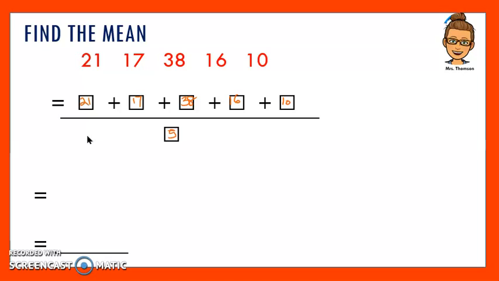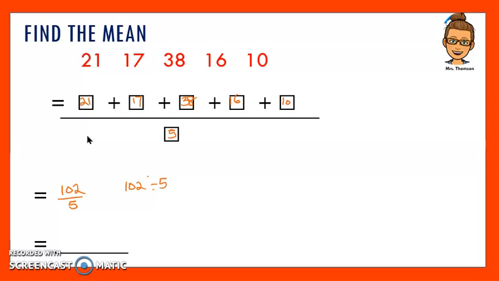All right, when we add them, 21 plus 17, 38, 16, and 10, we're going to get 102. And 102 divided by 5, or we can write it as 102 over 5, whichever one you prefer.